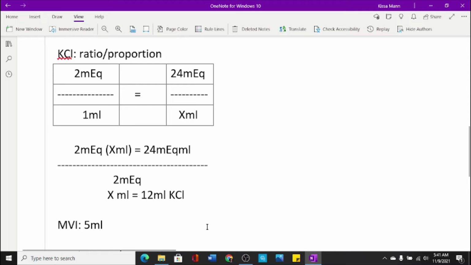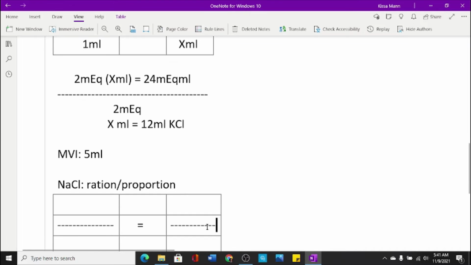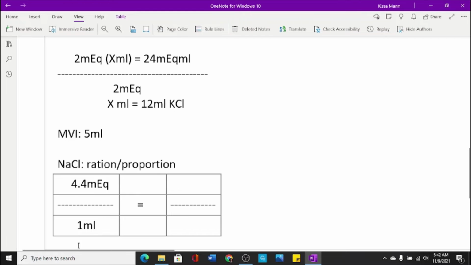For our multivitamin, we only need 5 milliliters, but our dose on hand is 10 milliliters. So we're only going to pull 5 milliliters out of that bottle. There's no calculation needed there. And then for our sodium chloride, our dose on hand is 4.4 milliequivalents per milliliter. Set that equal to the dose ordered, 24 milliequivalents once again, per unknown volume.